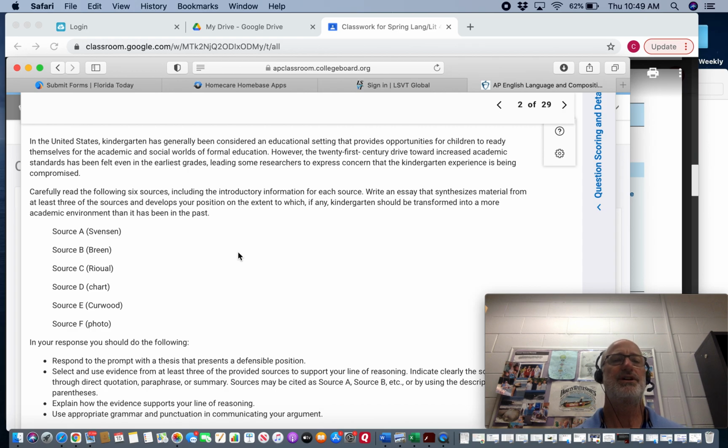In the United States, kindergarten has generally been considered an educational setting that provides opportunities for children to ready themselves for the academic and social worlds of formal education. However, the 21st century drive toward increased academic standards has been felt even in the earliest grades, leading some researchers to express concern that the kindergarten experience is being compromised.